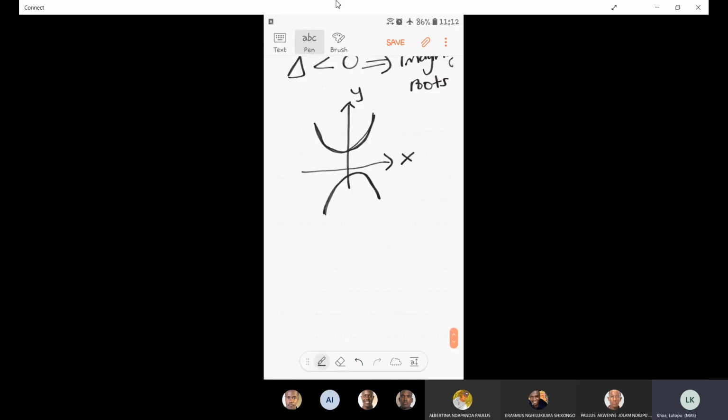Then you can have a discriminant that is equal to 0. Now if your discriminant is equal to 0, this means your equation will be this: x is equal to minus b plus or minus the square root of 0 over 2a. So this will just be equal to 0, isn't it? So that means you will have only one solution.